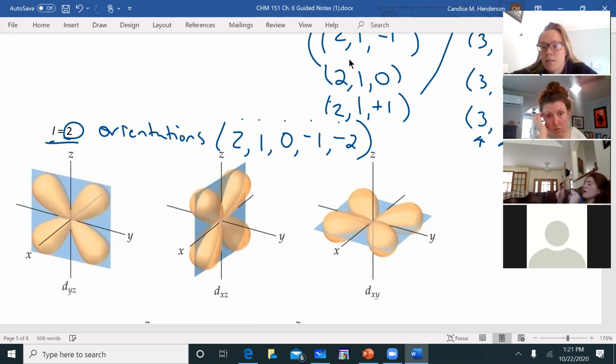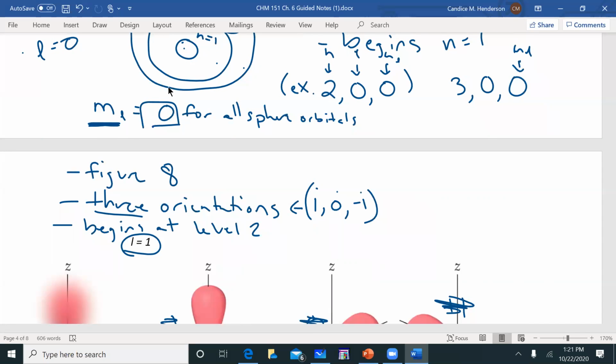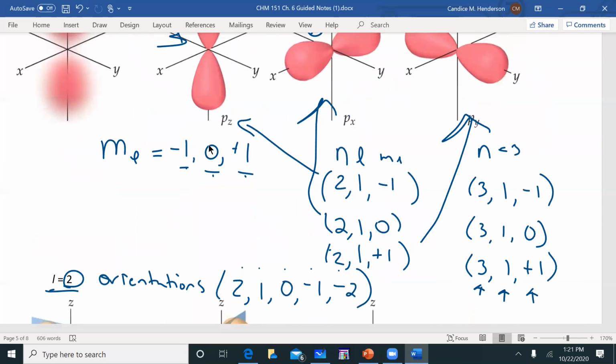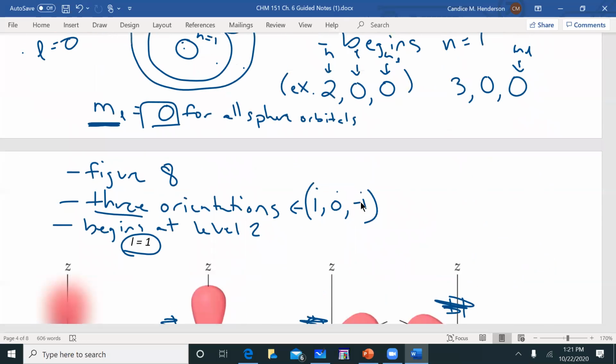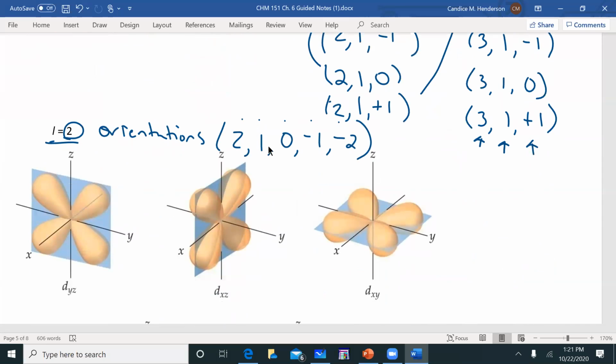Yes, if you're in the P. One thing to do is just memorize it. If you are a sphere, the only possible orientation is a 0. If you're a P, your orientation can be 1, 0, -1. If you're a D, you're going to be 2, 1, 0, -1, -2.